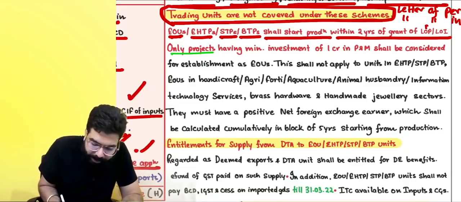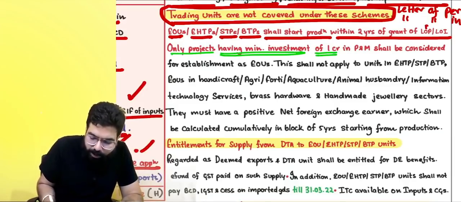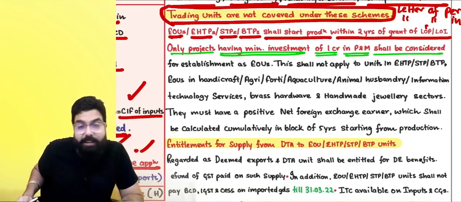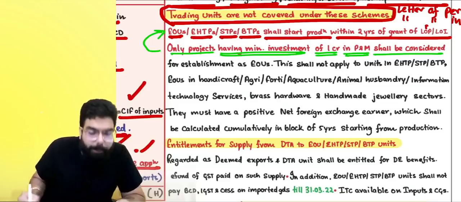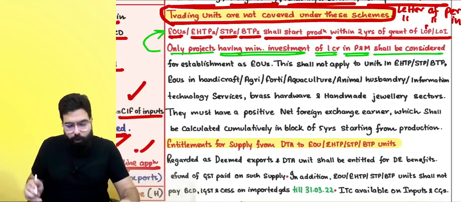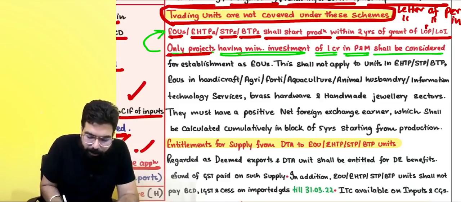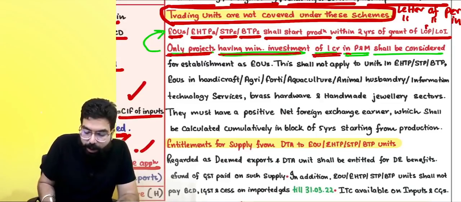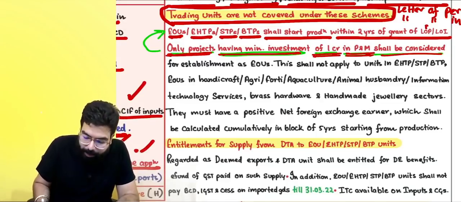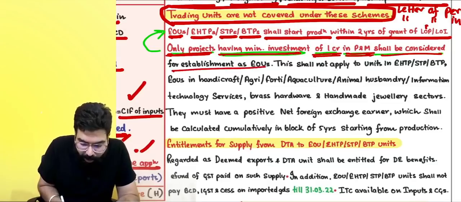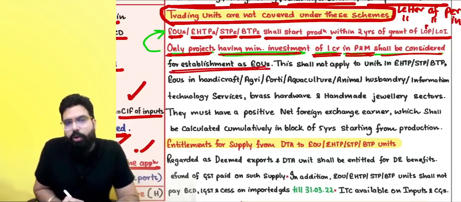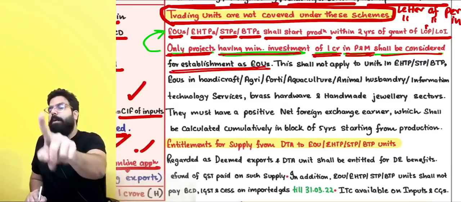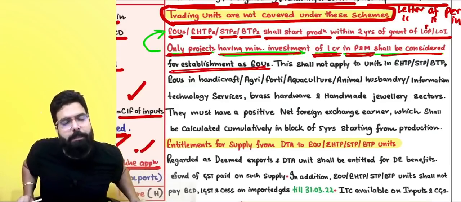Okay, only project having minimum investment of 1 crore in plant and machinery shall be considered to set up themselves in an EOU. Sir, for established as EOU, if you want to be an export oriented unit, you will have to have minimum 1 crore ka investment in your plant and machinery.